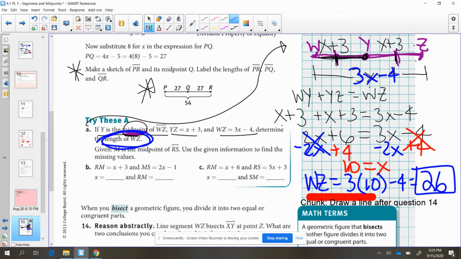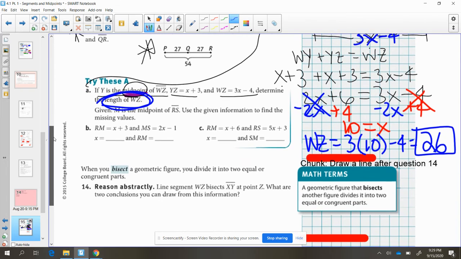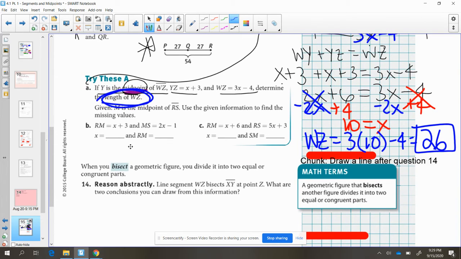Okay. Now we are also going to want to do the same process here for our next two examples. Okay. So for part B, notice in this example, when we draw our picture, we are given segment RS and M is the midpoint. So I'm going to draw my segment RS, M is the midpoint, and because they told me it's the midpoint, again, I can mark these two congruent.